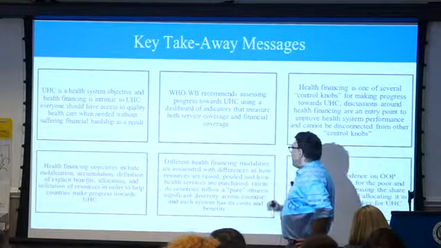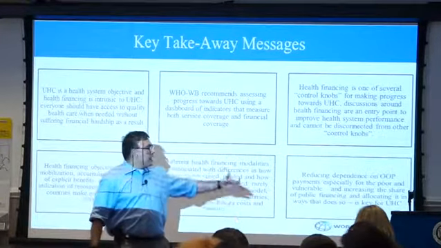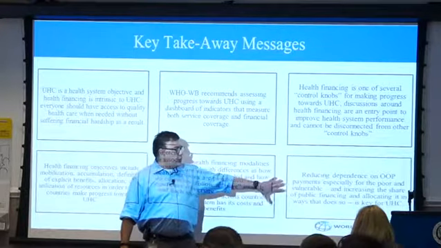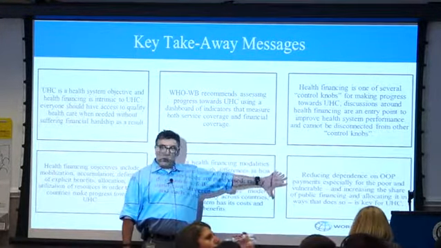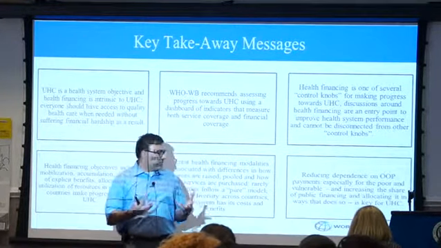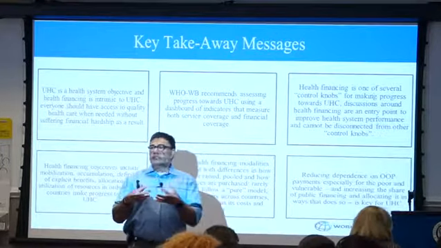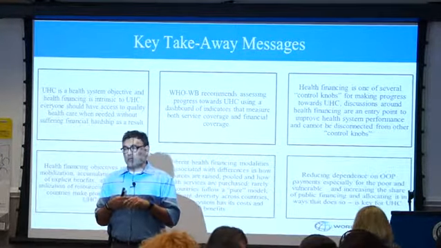They all differ in how resources are raised, pooled, and how health services are purchased. And really, for universal health coverage, it's reducing the dependence on out-of-pocket payments, especially for the poor and vulnerable, and increasing the share of public financing and allocating it in ways that are pro-poor, which is key for making progress towards universal health coverage.